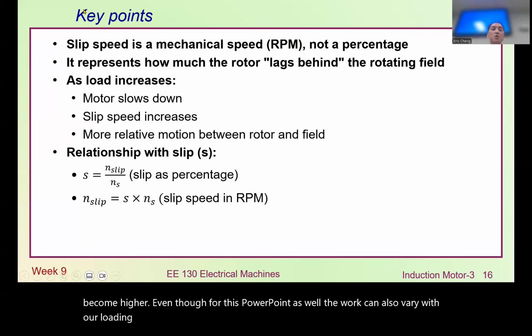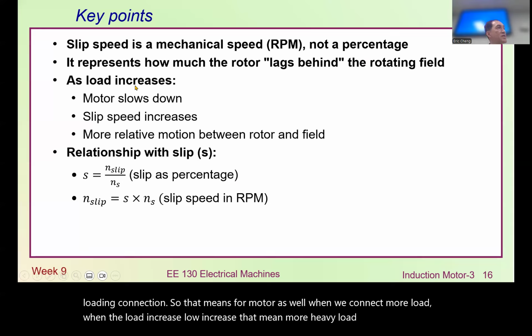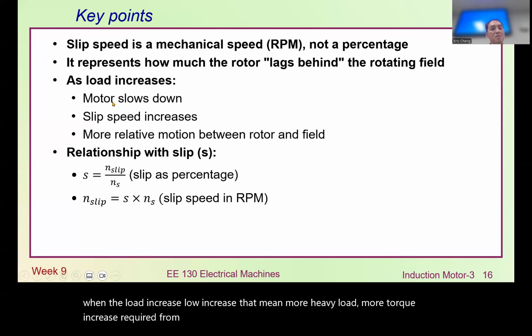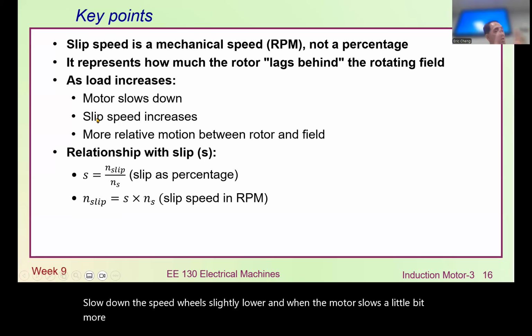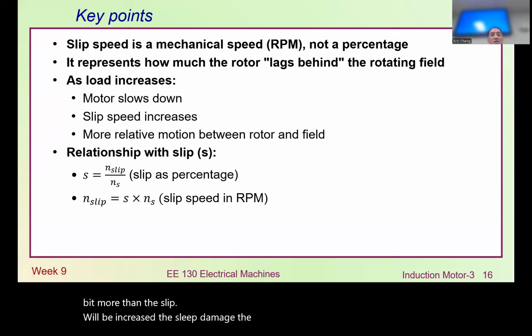So for the motor as well, when the load increases, that means more torque is required from the motor, then the motor slows down, and the speed will be slightly lower. And when the motor slows down a little bit more, the slip will increase. The slip, that means the difference, will also increase.